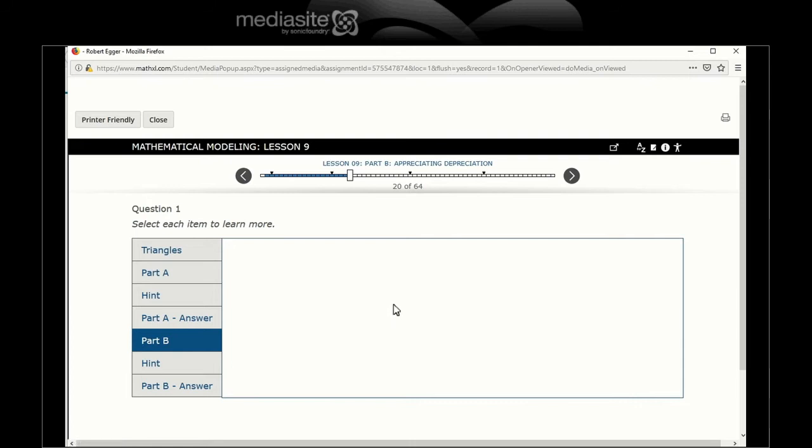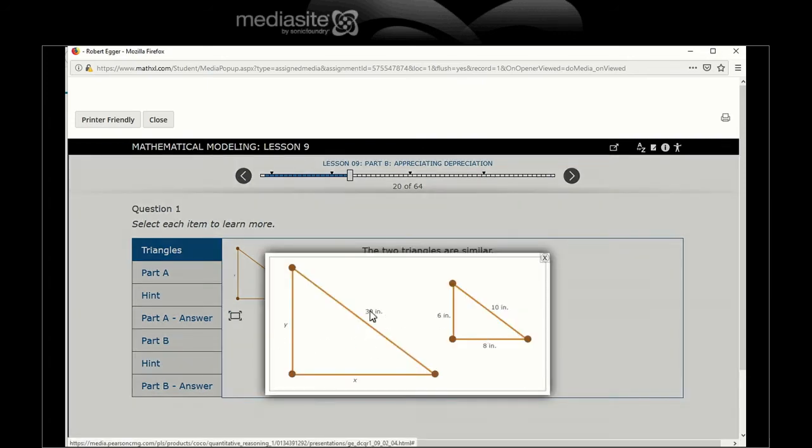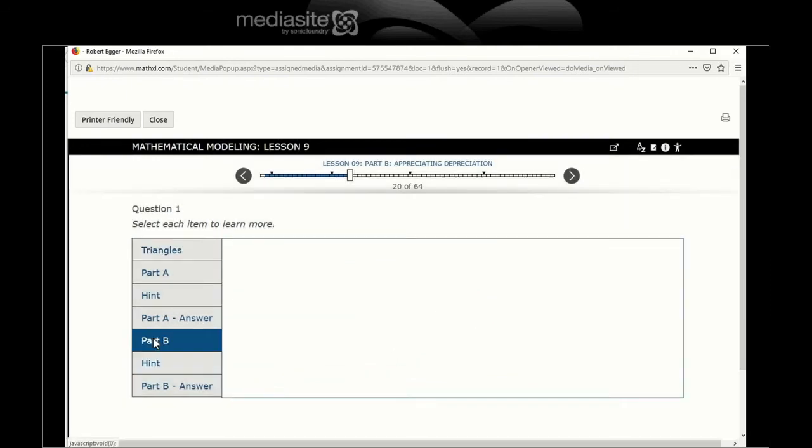Part B, they're going to find how to solve for y. So what was y again? So let's do 30 over 10, y over 6. These are corresponding sides, and we'll do the third method, cross products.